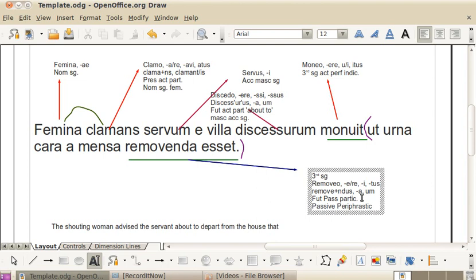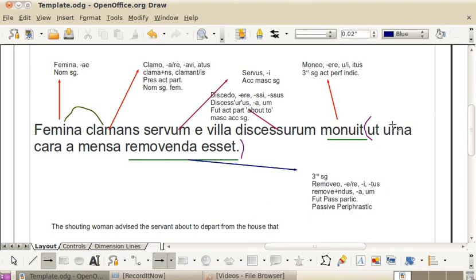Okay, so that's how we're going to deal with removenda esset, but let's find its subject. We know that the esset tells us that this is third person singular. The removenda has the feminine nominative singular ending, so we know that the subject has to be feminine nominative singular. So that allows us to zero in on our subject with a lot more precision than a simple verb.